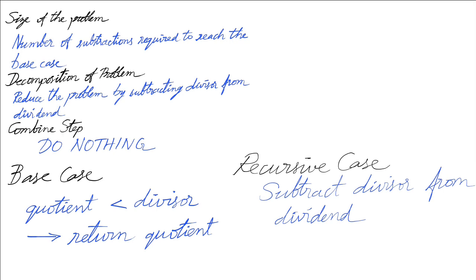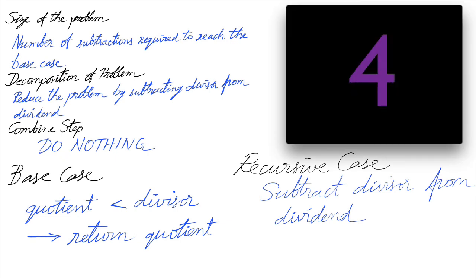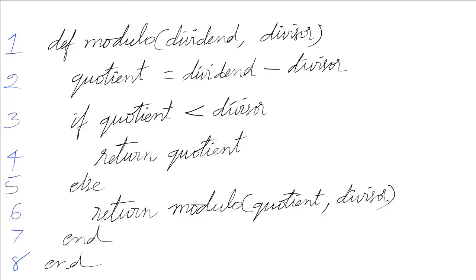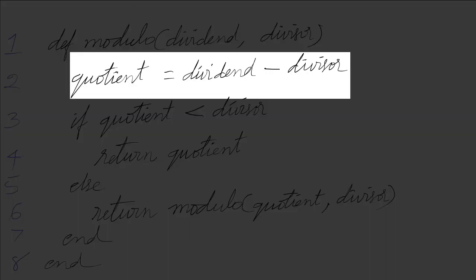Stop the video now and write the code for the recursive solution that computes the modulo. The interface for the modulo method is the same as the iterative solution. We then have a reduction step where we subtract divisor from dividend to initialize quotient.